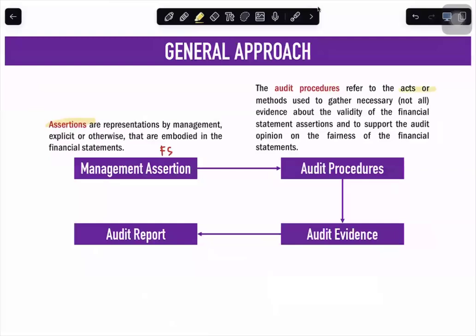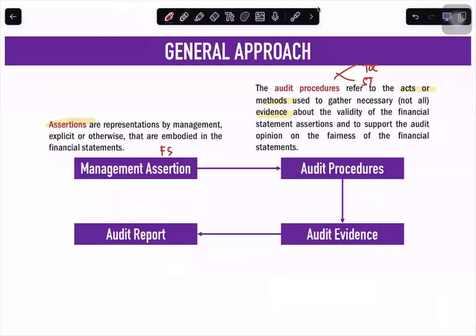This refers to the acts or method used to gather evidence about the validity of the FS assertions to report the audit opinion on the fairness of the financial statements. So that generally, our audit procedures are either TOCs or substantive tests. And then we document our audit evidence, and then we create our audit report.